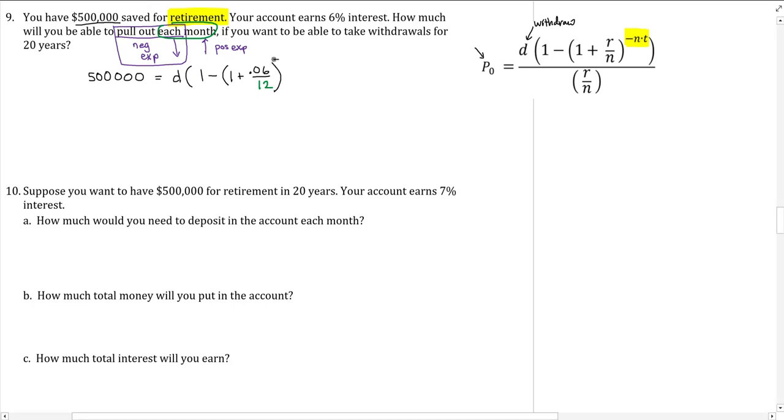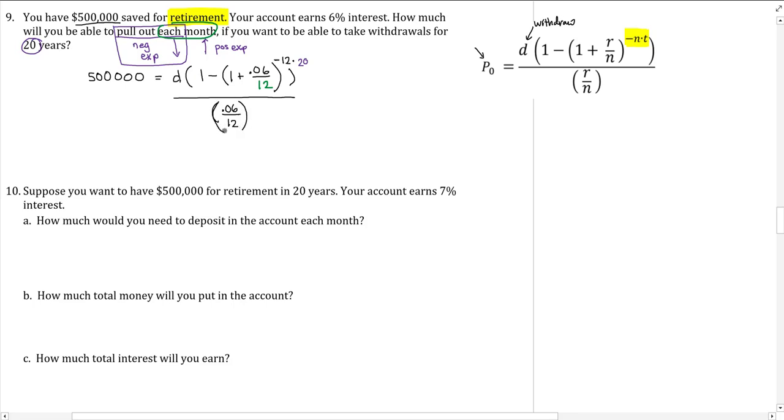Take that to the power of negative 12 times t. How long do I want to take this money out for? In this case, I'm making the assumption of only 20 years. And divide it by the 0.06 over 12.